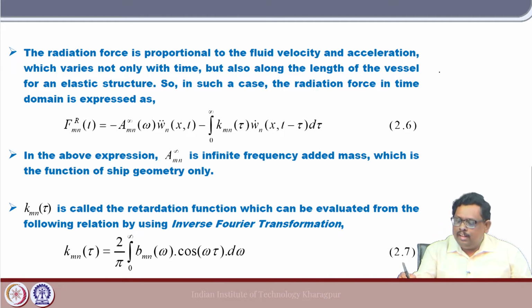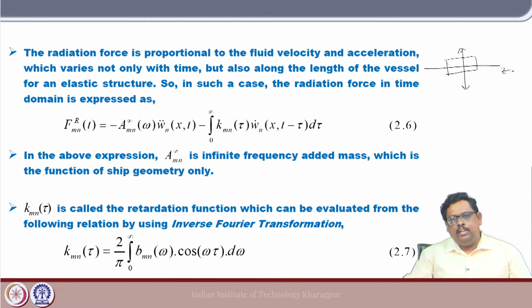Remember how we obtained the radiation force in case of a rigid body: we have a body in still water, so of course, z equal to 0, and then we oscillate in 6 different ways. Which modes am I interested in? We are interested in the heave and pitch.